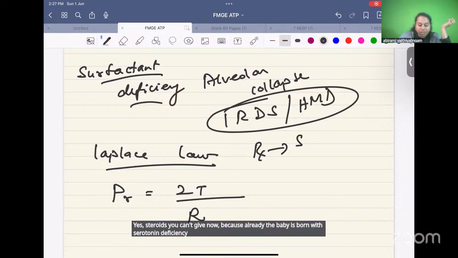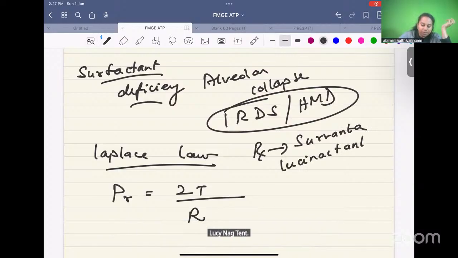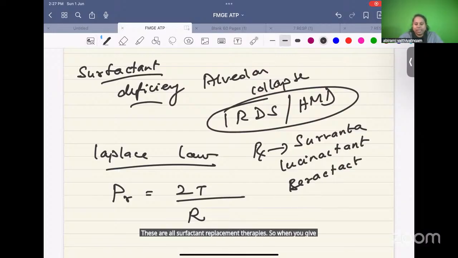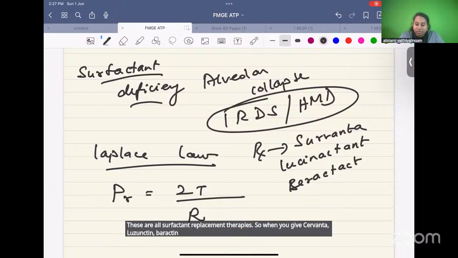So you have to give Survanta, leucinactant, beractant. These are all surfactant replacement therapies. So when you give Survanta, leucinactant, beractant, artificial surfactant, that will help the baby to breathe. Now, this is all after birth.